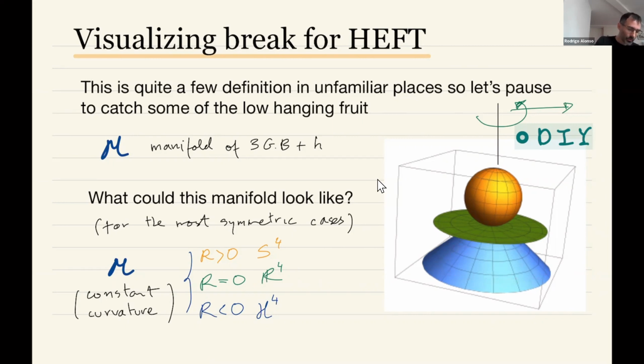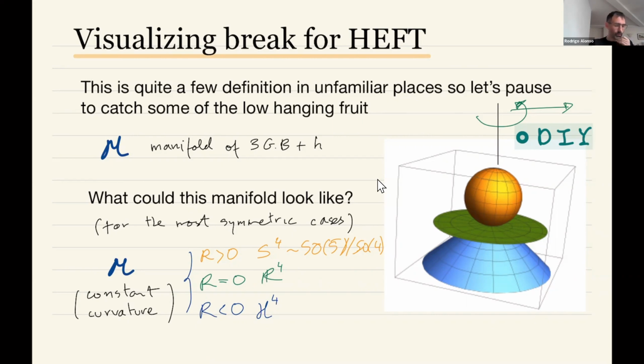The reason why this S4 case is a minimal composite Higgs model is because, as you can convince yourself, or perhaps look up in math books, the breaking of SO5 to SO4, which yields 4 Goldstone bosons, also yields a coset manifold isomorphic to S4. That's a plausibility argument.